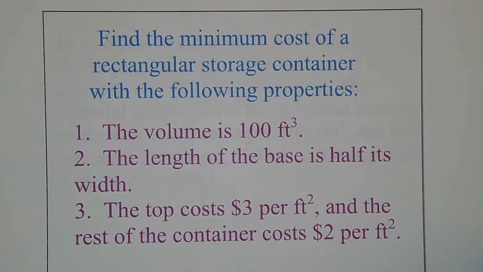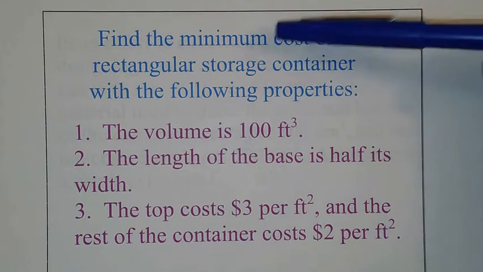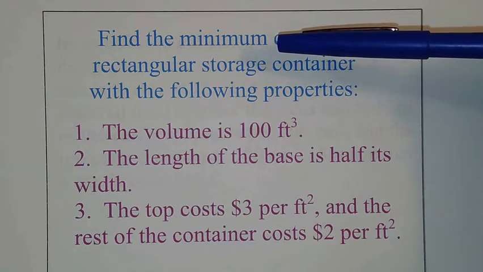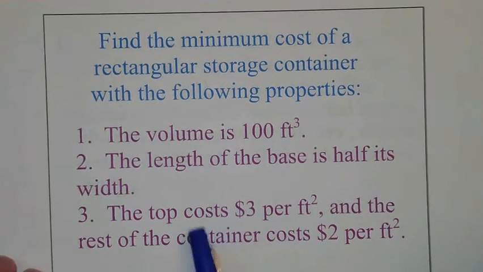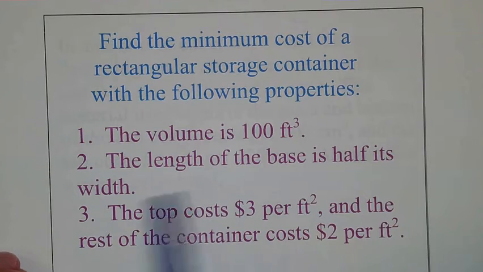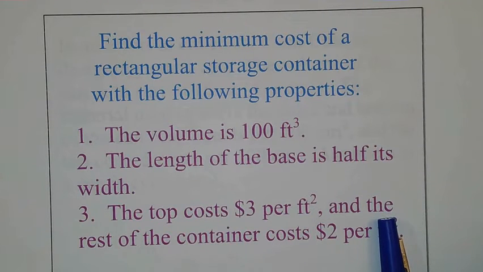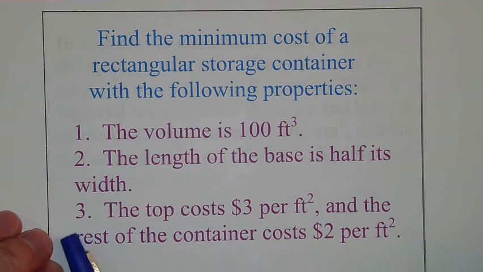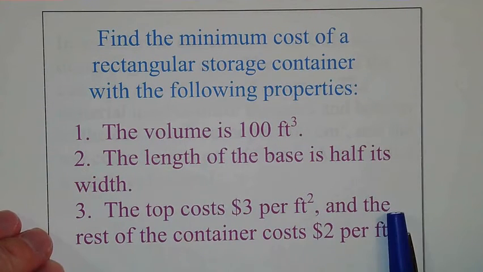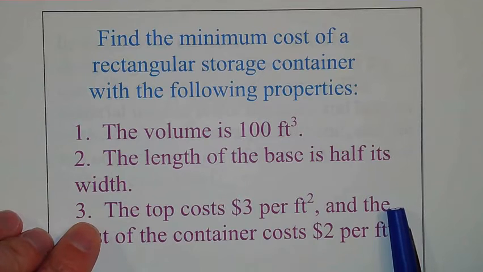The reason I like this problem is because it gives us the chance to talk about the difference between minimizing the surface area versus minimizing the cost. If the cost is uniform, if I don't put step 3 up here and I just say we're using cardboard or aluminum or titanium or whatever we're using to make this storage container, if everything costs the same, this is a surface area problem.